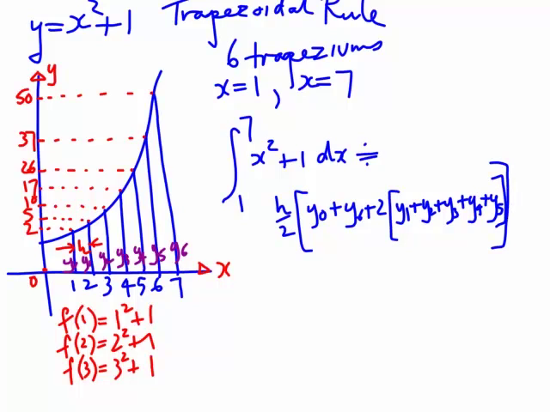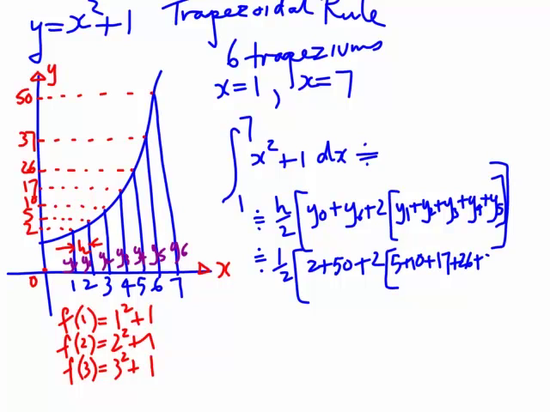Okay, let's put the numbers in. We know h is 1, so it's approximately 1 on 2 times the first and last functional values, 2 and 50, plus twice the sum of the others: 5 plus 10 plus 17 plus 26 plus 37.